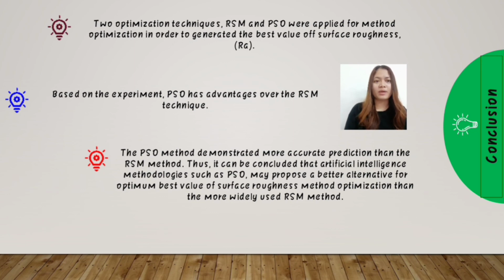The PSO method demonstrated more accurate prediction than the RSM method. Thus, it can be concluded that artificial intelligence methodologies such as PSO may propose a better alternative for optimizing the best value of surface roughness than the more widely used RSM method.